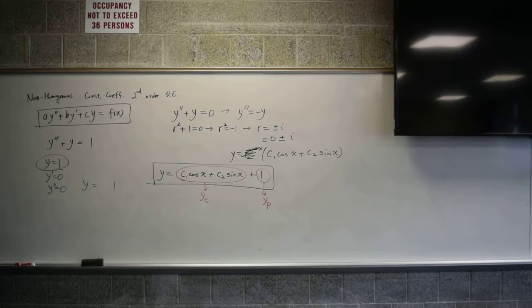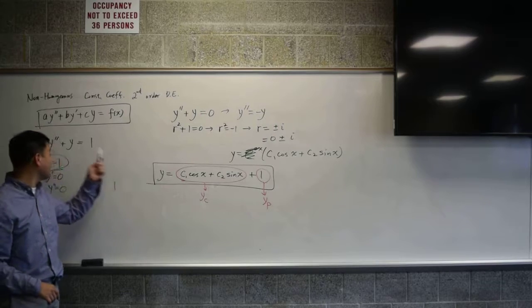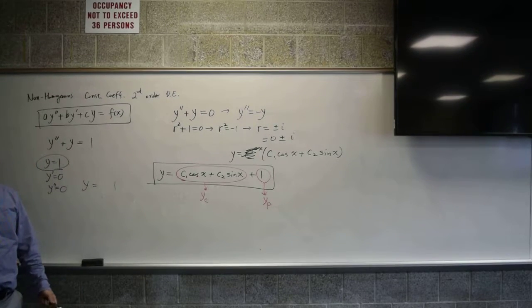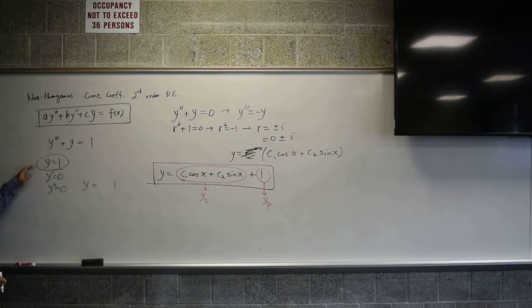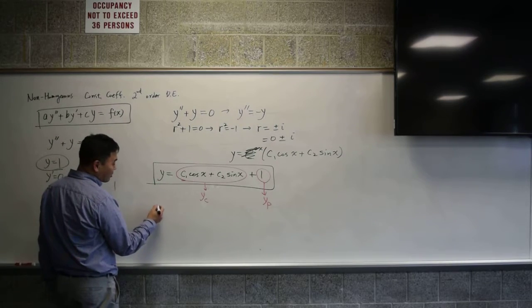Okay. And I claim that if you plug this into the left side, you get the right side. Why would that be? Let's try to convince ourselves by actually plugging it into the left side. If I take the second derivative, what do you get?